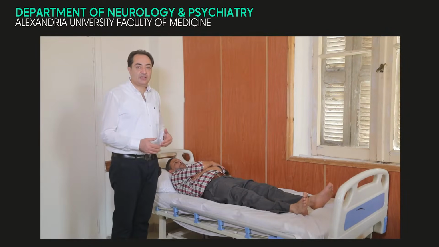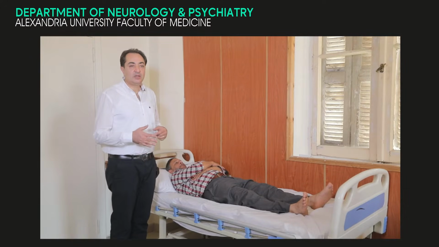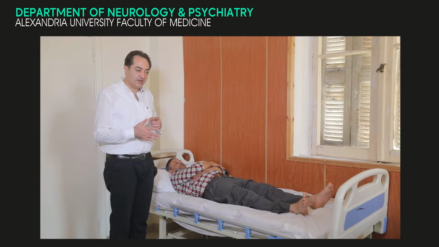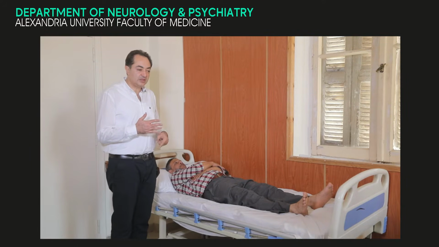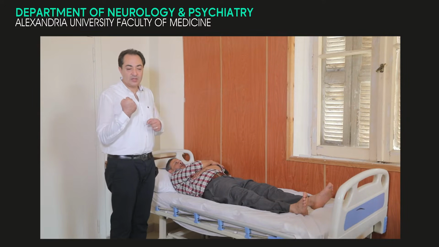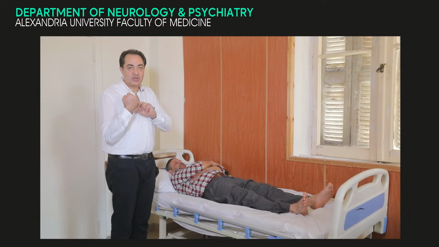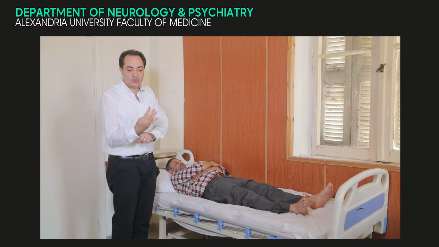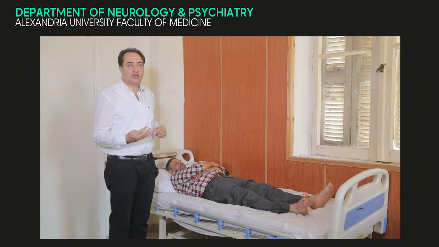Then we should grade the muscle power according to grade 5, grade 4, 3, 2, 1, 0. Grade 5 is the normal muscle power. The patient can resist with a normal muscle power. Grade 4 can resist but with less power, so there is some weakness.